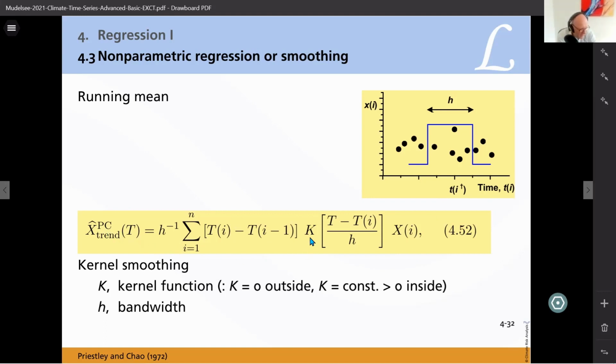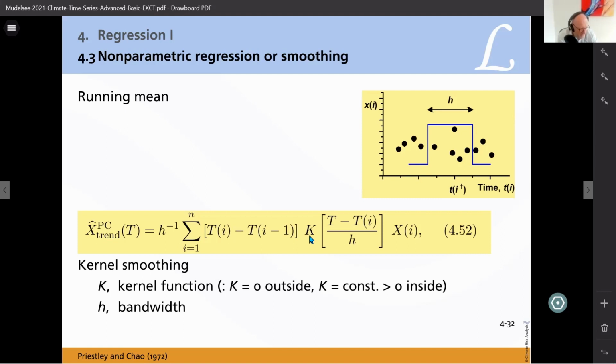Now, the crucial thing is this function here. This is called the kernel function, capital K. It has an argument, t minus t of i. So t is where we want to know the trend value, and t of i is where our time values sit. And this difference we scale, we divide by h. And this is the blue curve. So this is a general expression.